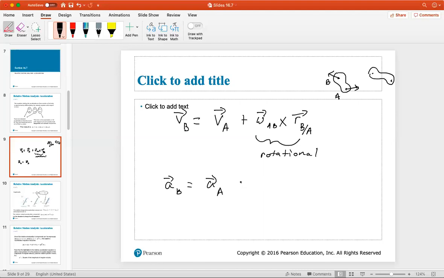And then you have the relative term, the relative acceleration, which we write as B relative to A, and it's simply the time derivative acting on omega cross R, B relative to A, like that. And so that's fine. Let me insert another page.